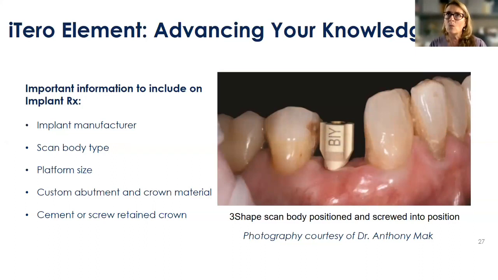And we refer to using the manufacturer scan body of what the implant is in the bone as OEM, original equipment manufacturing. If you don't use OEM, that's fine. That's an option too.